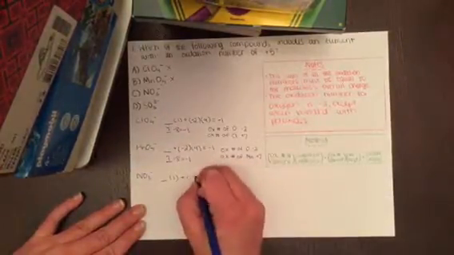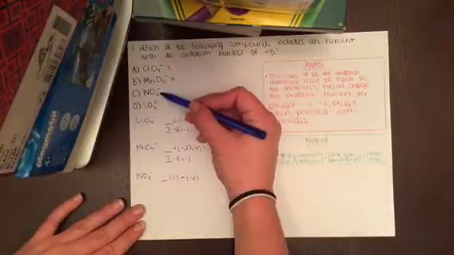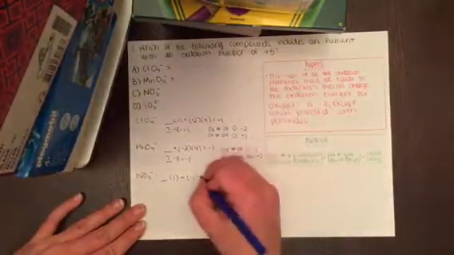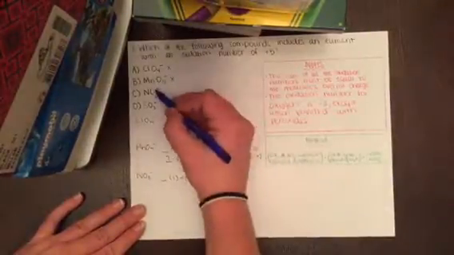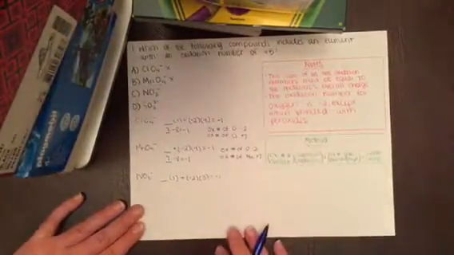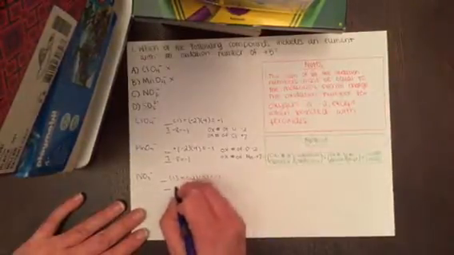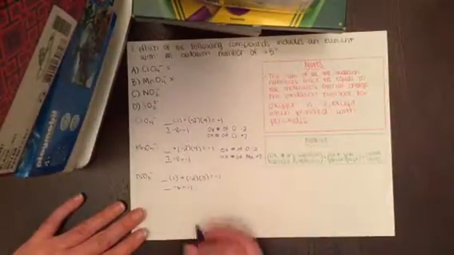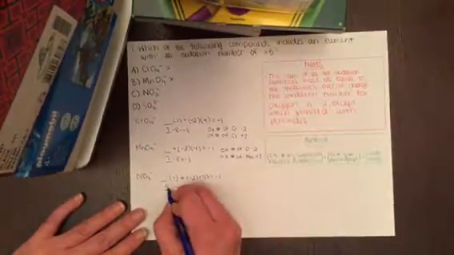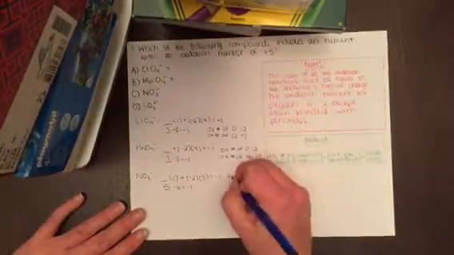So -2, and the subscript here is 3, meaning that there's 3 oxygens in this compound. So we multiply it by 3 and set it equal to -1 because that's the overall charge up here. So if we simplify that, it turns out to be blank -6 is equal to -1. And +5 would fit in that blank perfectly.